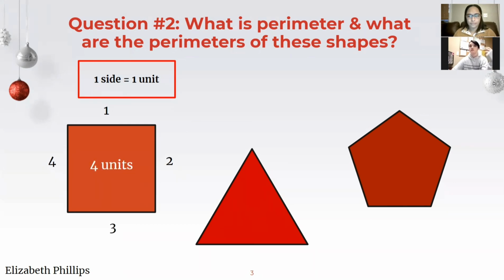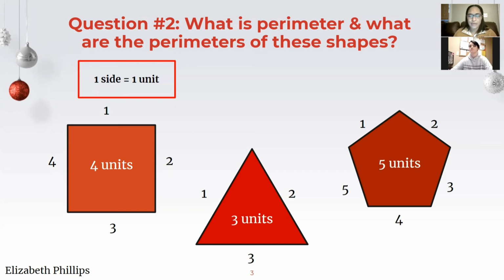Perimeter is basically adding up all of the sides of a shape together to get one whole number. So again, for our triangle, we're going to count up the sides. We have 1, 2, 3. So our triangle's perimeter is going to be 3 units. And for our next shape, we have 1, 2, 3, 4, 5 sides, which means that our perimeter will be 5 units.